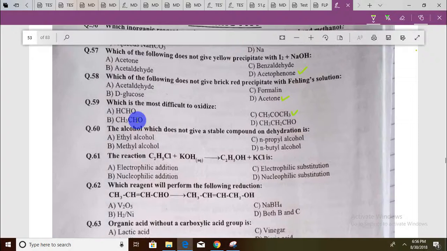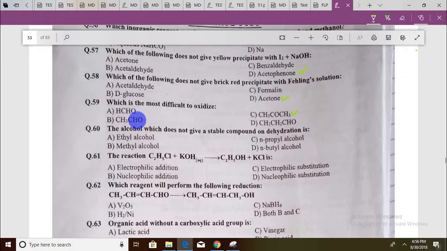So if they ask you, if you have a symmetrical ketone, how many carbon atoms are oxidized, your answer will be just one carbon atom is oxidized, and said carbon atom is one that is adjacent to the carbonyl group.